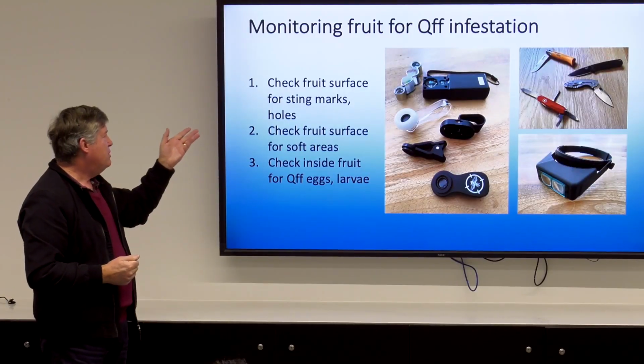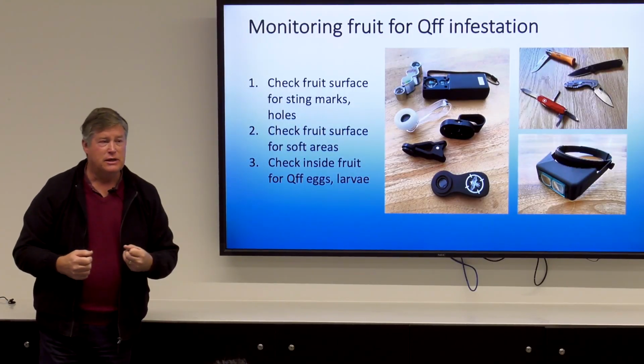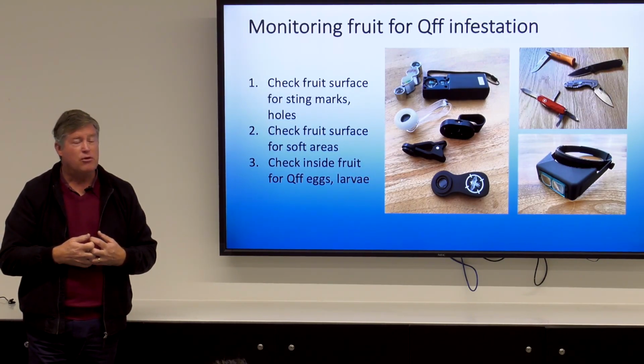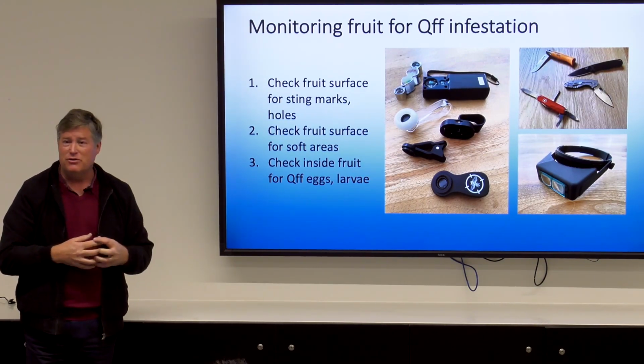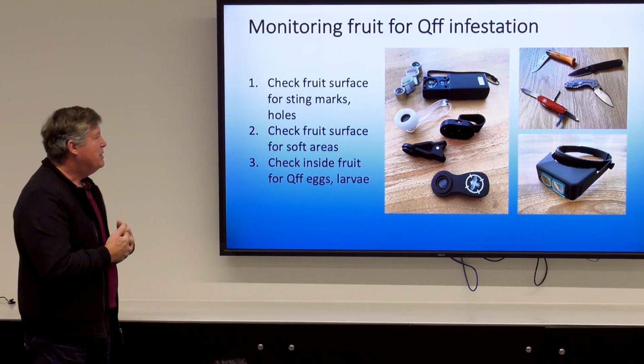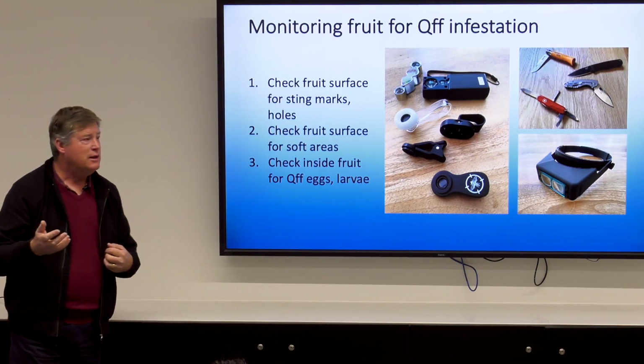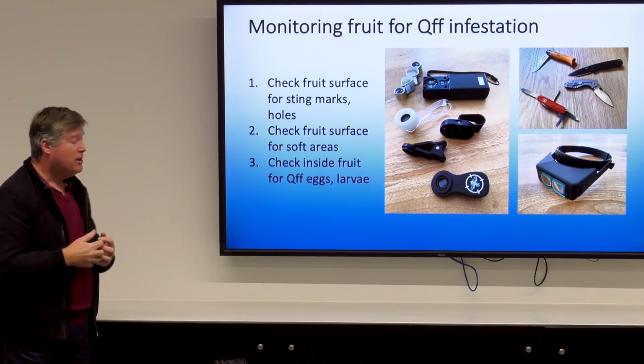And we believe that monitoring the fruit in this way sometimes gets the fruit fly even before they might go into a trap, because by and large the traps catch male fruit fly, although there are some female ones.